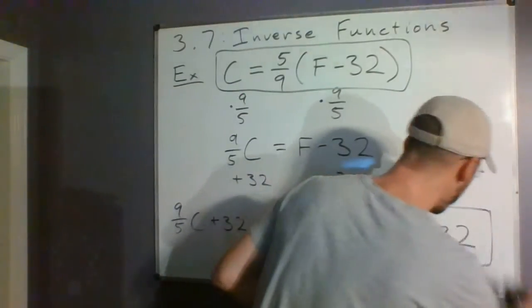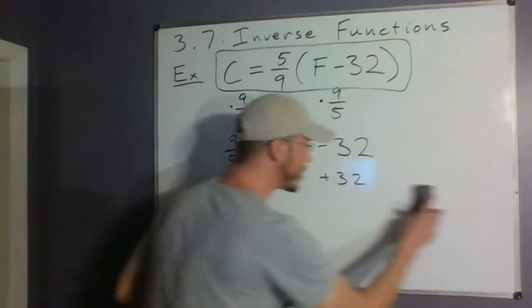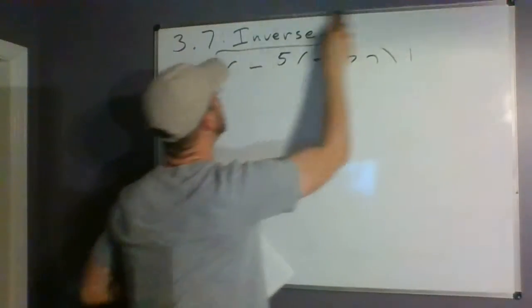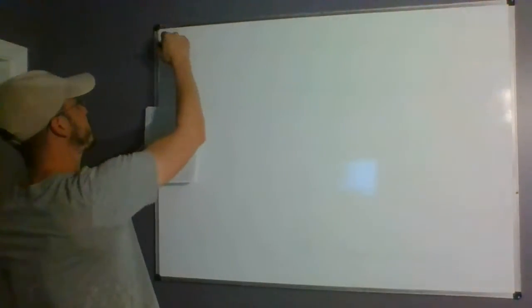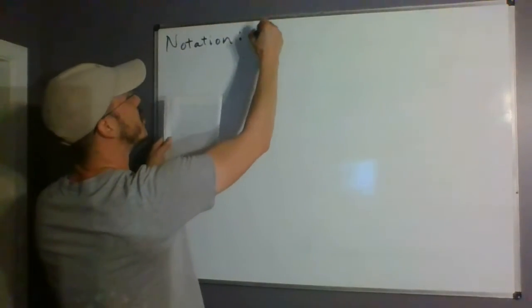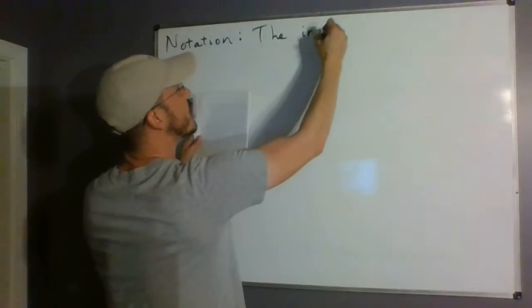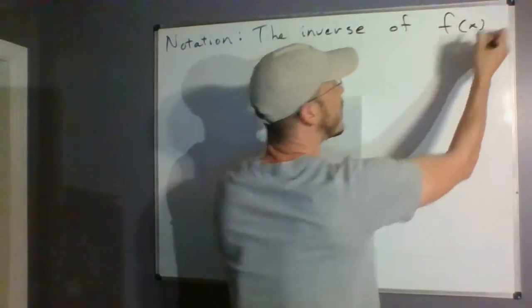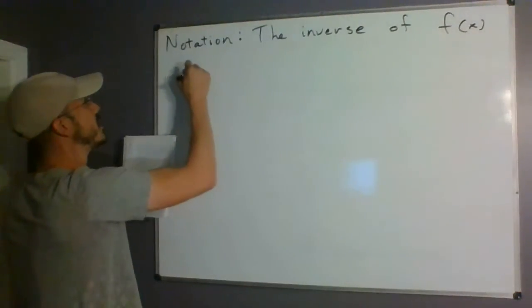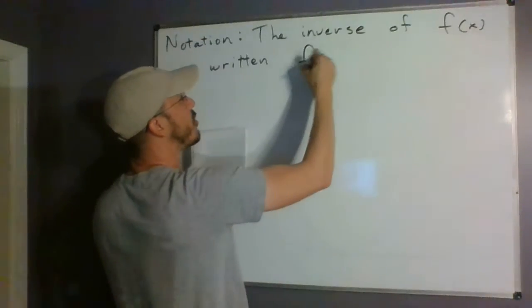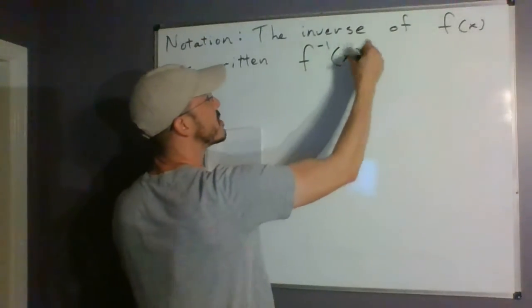So I want to point out some notation for inverse functions that'll help us write them down without too much writing. The notation looks like this. The inverse of f of x, a given function, is written f inverse of x.